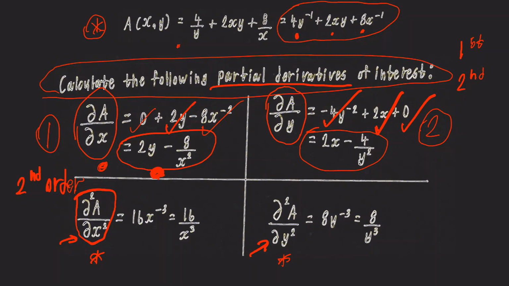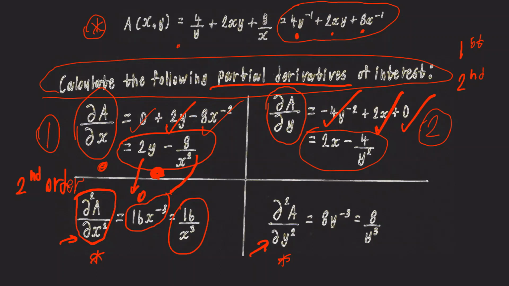We're going to differentiate this, and then 2y, that's just a constant, so it becomes 0. But this thing won't be a constant: minus 8 on x squared. If we differentiate that with respect to x, we get this thing here, so 16 on x cubed, that's the second order partial derivative with respect to x.